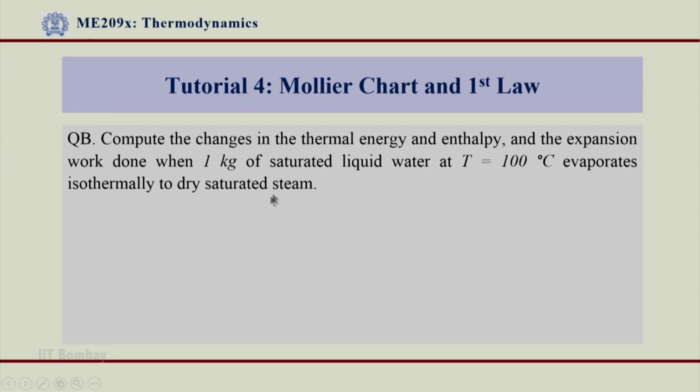So one can understand that initially it was a saturated liquid and the final state is saturated steam, or dry saturated steam. That means the entire process happens at the same pressure and the same temperature, when 100% of liquid gets converted to 100% of dry saturated steam. So can you guess where state 1 and state 2 lie?